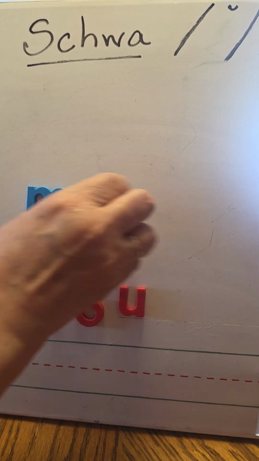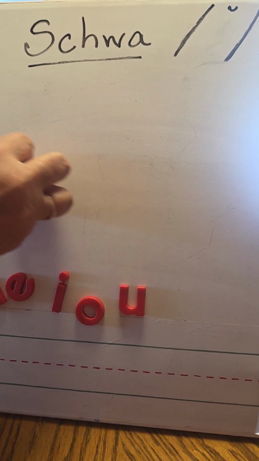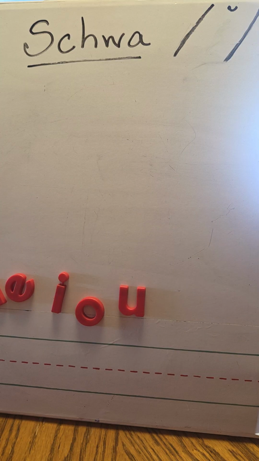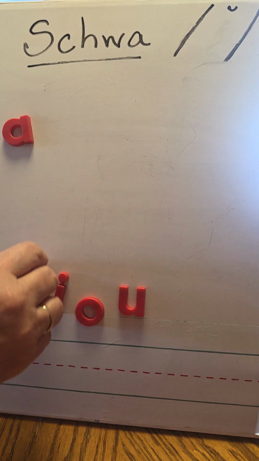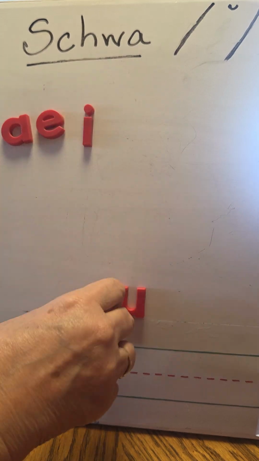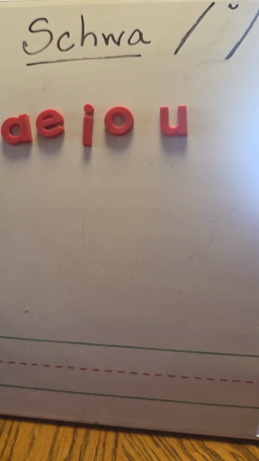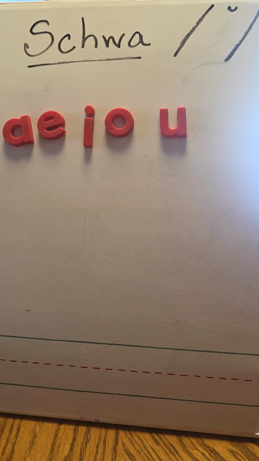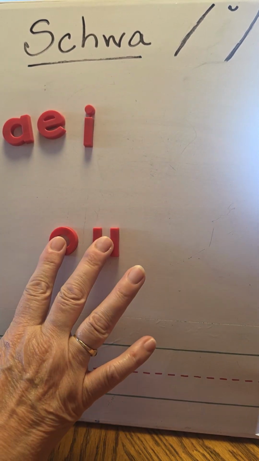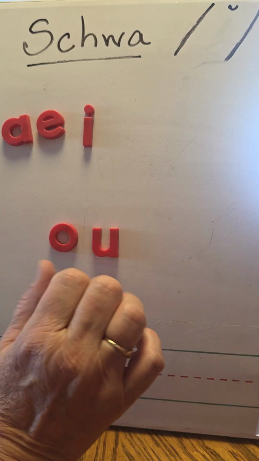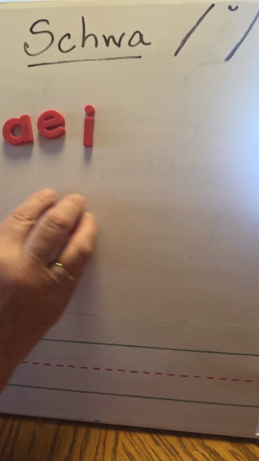When it's closed into a CVC word, short syllables. Well, all these letters can say the letter name A, E, I, O, U, or they can work together in teams and make a vowel digraph sound like or, ow, oo, things like that.